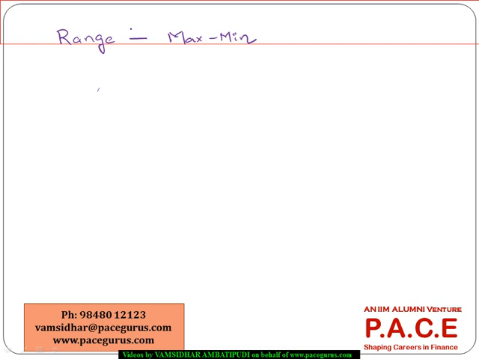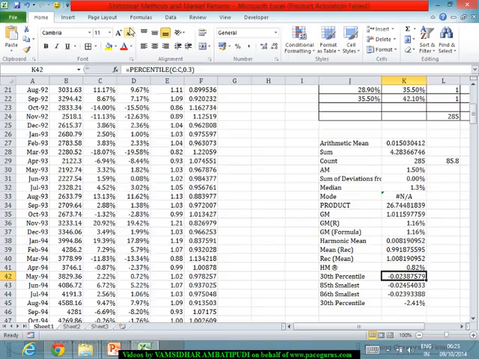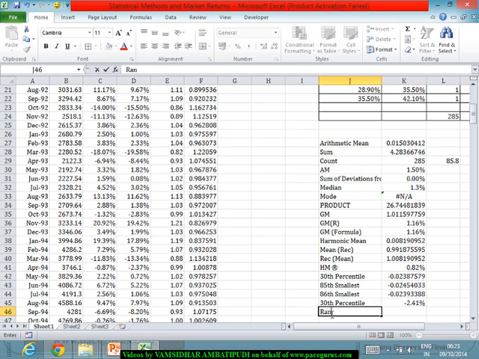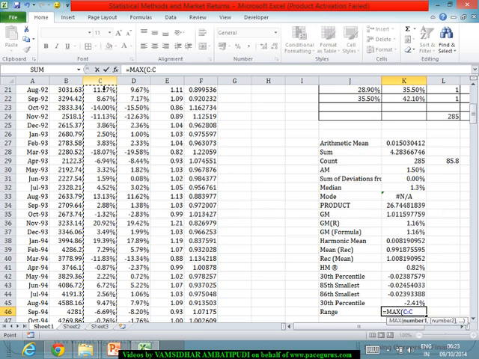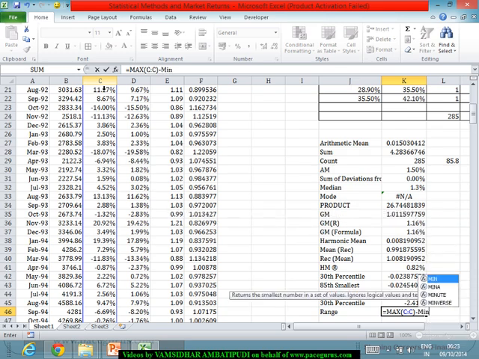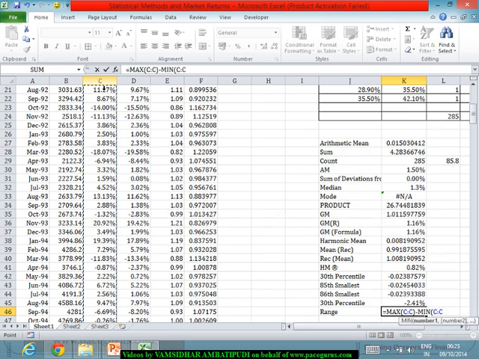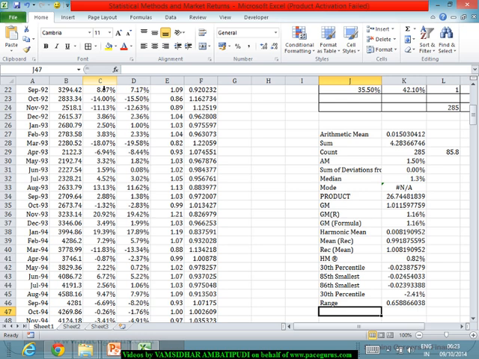We have computed it earlier also in our data set, but going back to it, if I want to find out the range, I take just the maximum value of my observations minus the minimum value of my observations. So that is what comes out as the range. But the drawback is it uses only two values in my data. It does not look at all the values.